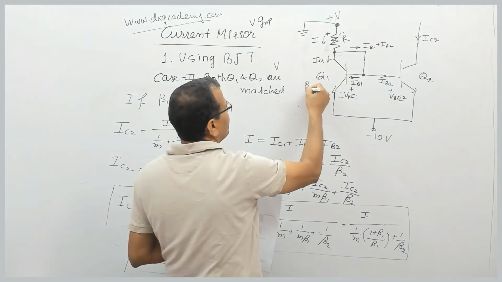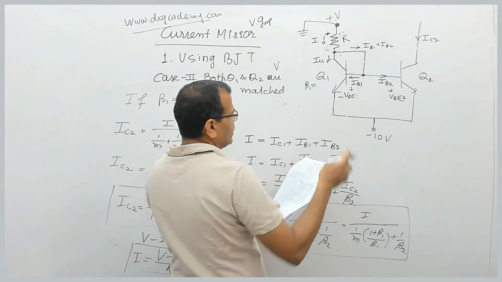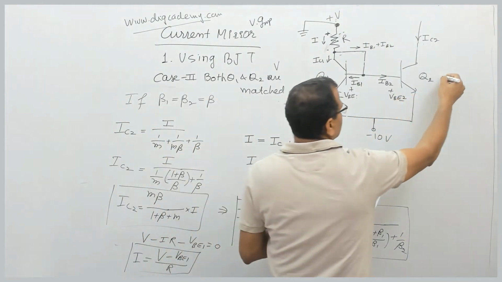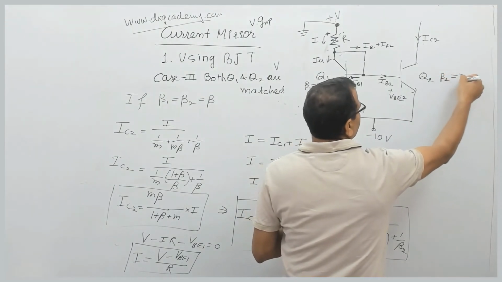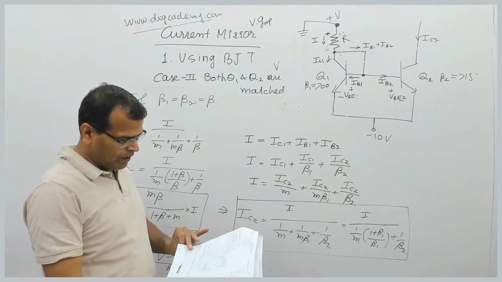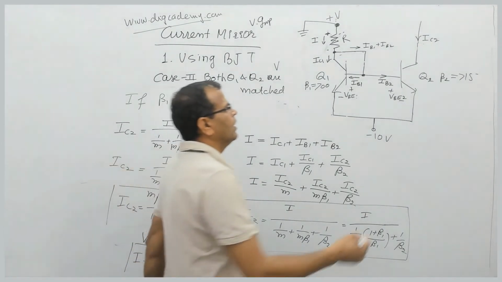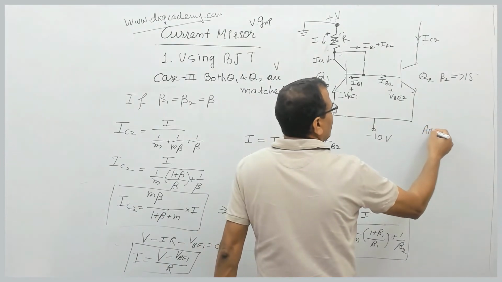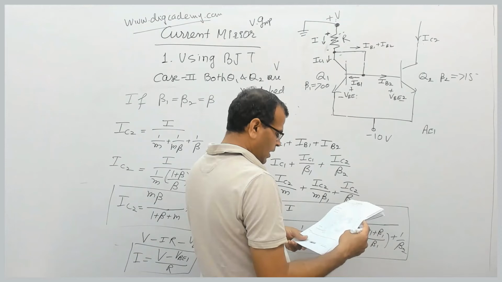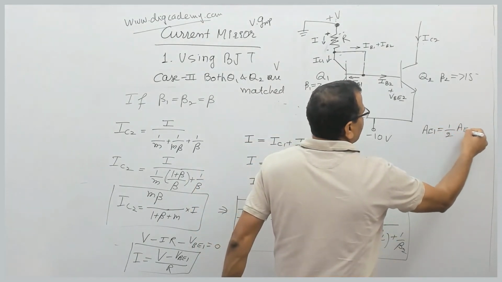Beta 1 is given, and it is different here. Beta 1 here is 700. Beta 2 here is 715. That's given to you. And one more thing is given to you: the area of the emitter junction of transistor Q1 is half of the area of the emitter junction of Q2.